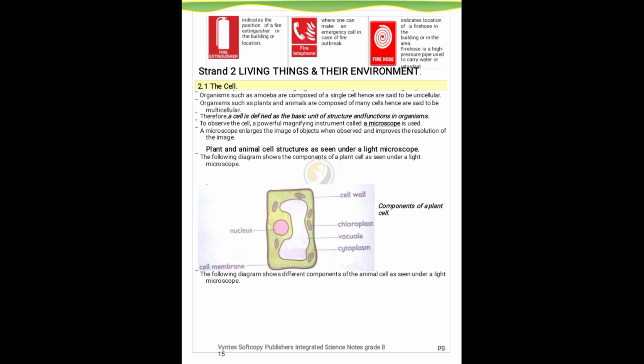When you observe, you can see it's circular. Some cell organelles, as shown in the picture below, are found only in plant cells, while others are found only in animal cells, as we shall learn in our next lesson.